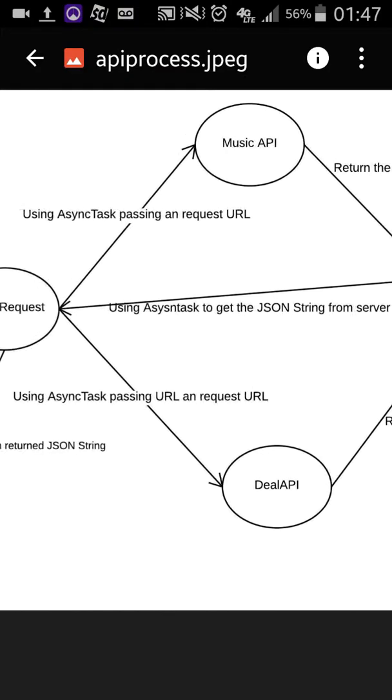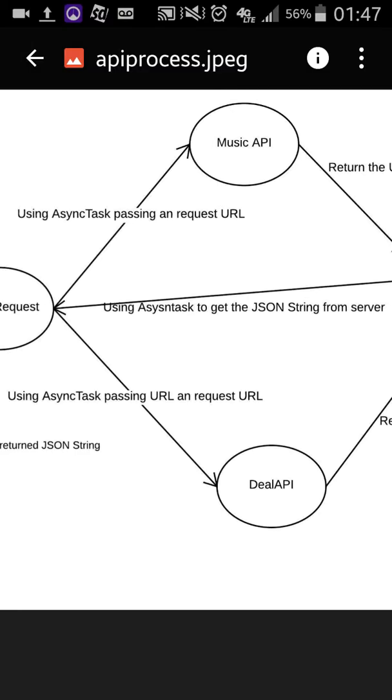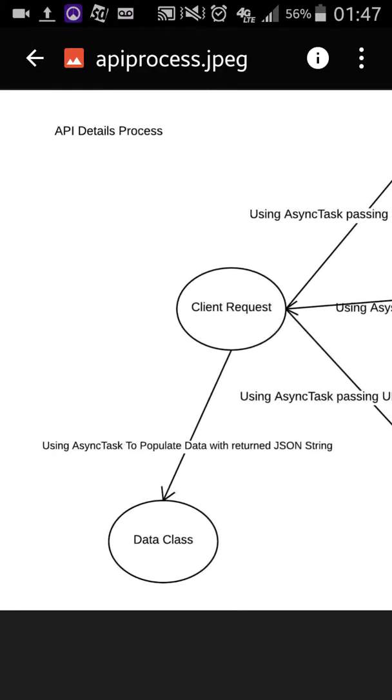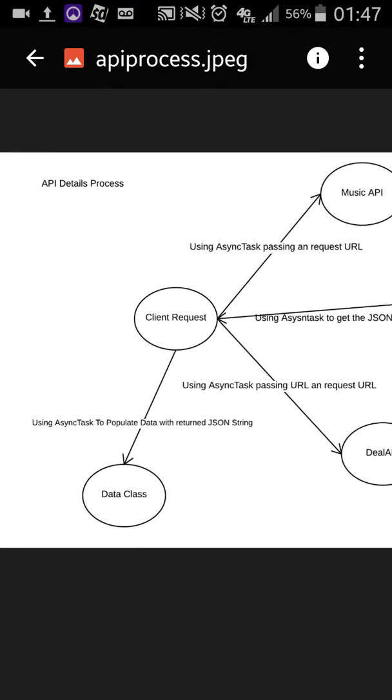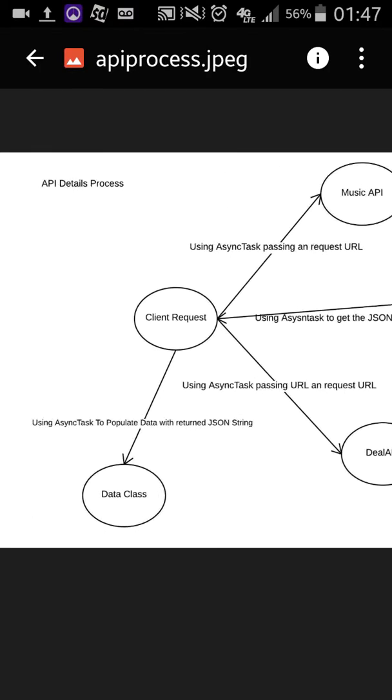From the JSON string, using the same AsyncTask to get the JSON string from the server and return it to the client, and the client uses AsyncTask to populate the data with the returned JSON string. So we got a data class here, passing back to the data class. That's the basic process for the music API and deal API.